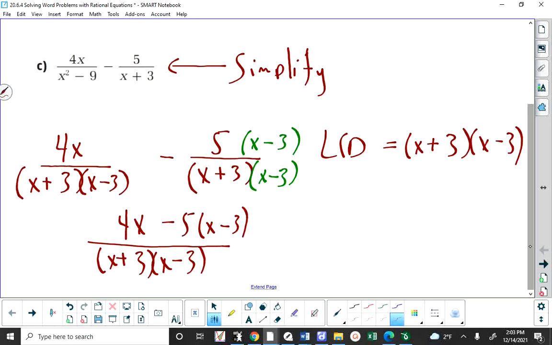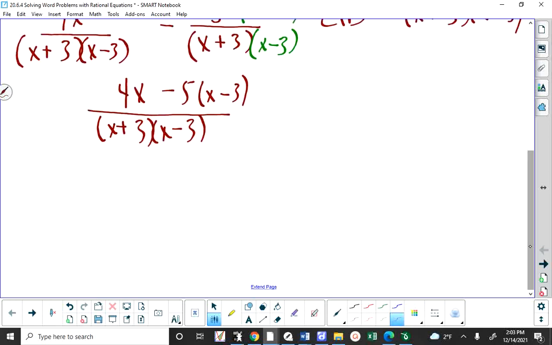And you would simplify this. I guess it'll only take me a minute, so I shouldn't hand wave it away as if it's unimportant. You would multiply that negative 5 by the x. You would multiply that negative 5 by the negative 3.